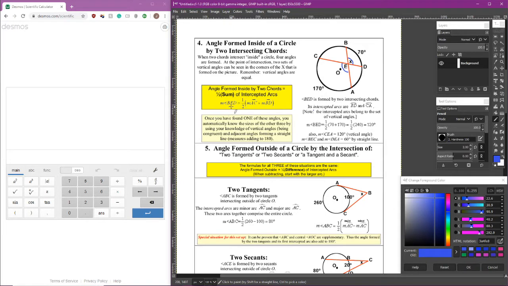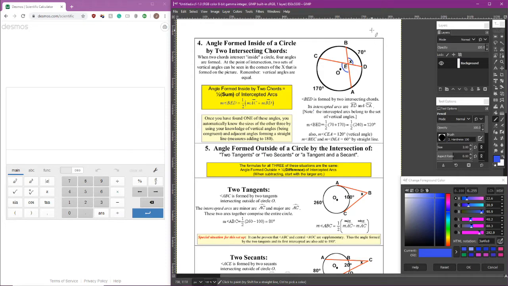Here's the formula over here. If we want to know what angle BED is, here's B, there's E, there's D. What we need to do is add up the 2 arcs. So arc AC added to arc BD, so 70 plus 170, and then take half of it. And then we'll know what one of these are, and then also the other because they're the same.